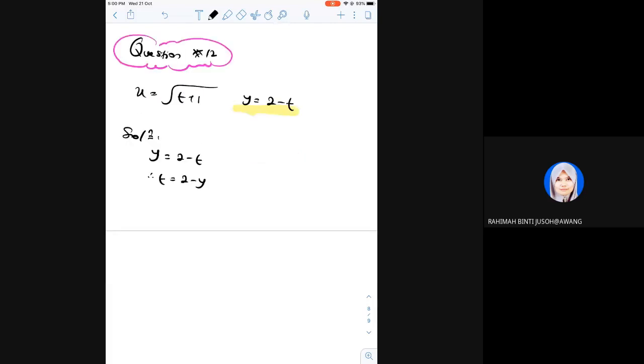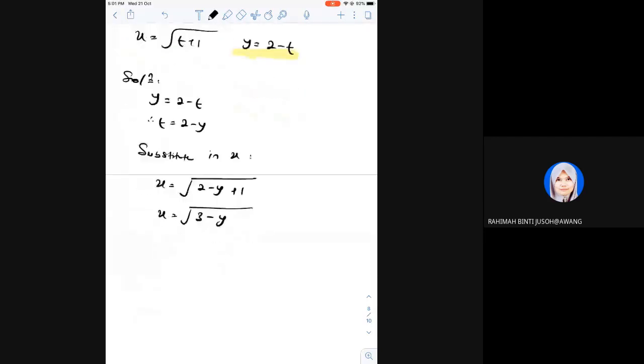Okay, substitute in x. We have x equals to square root of t plus 1. So t equals to 2 minus y plus 1. So we will have x equals to square root of 3 minus y. Okay, now, since we have square root sign, we need to square both sides.